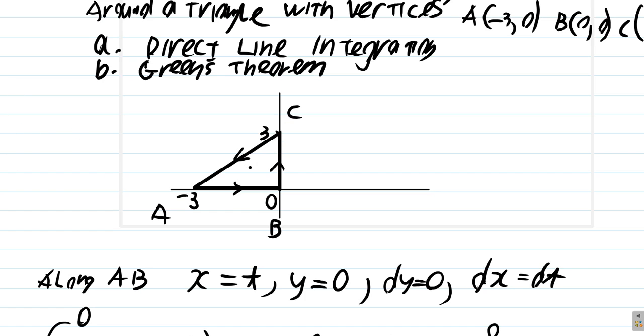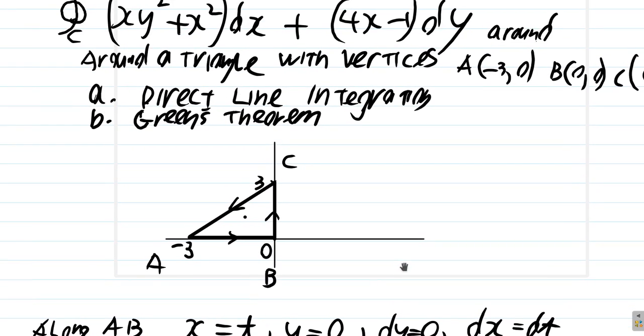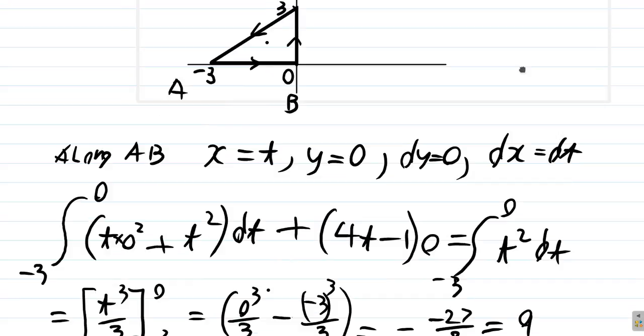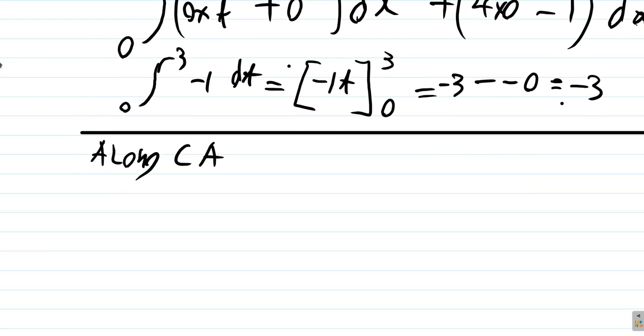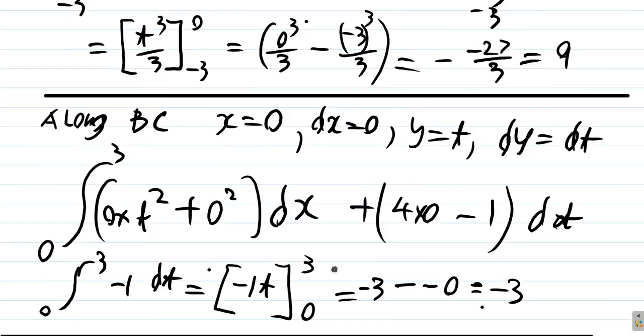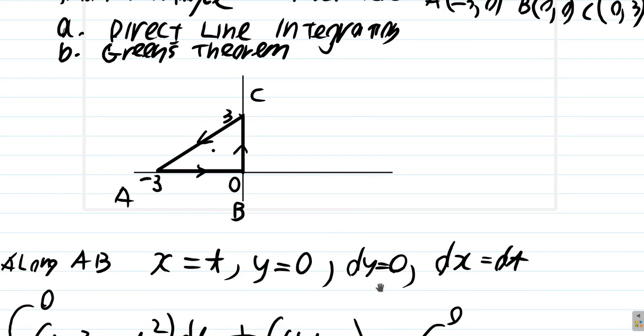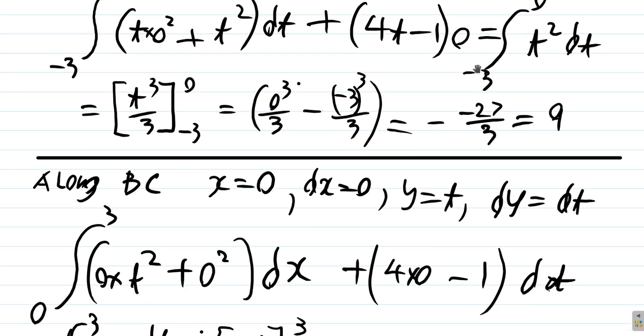Another way you could do it is to say at A, the coordinates are negative 3, 0. And C is at 0, 3.